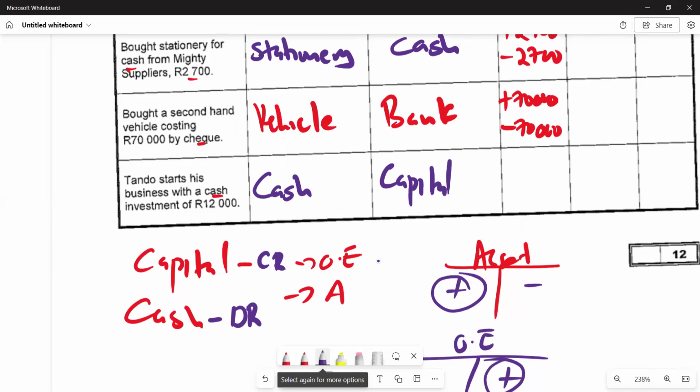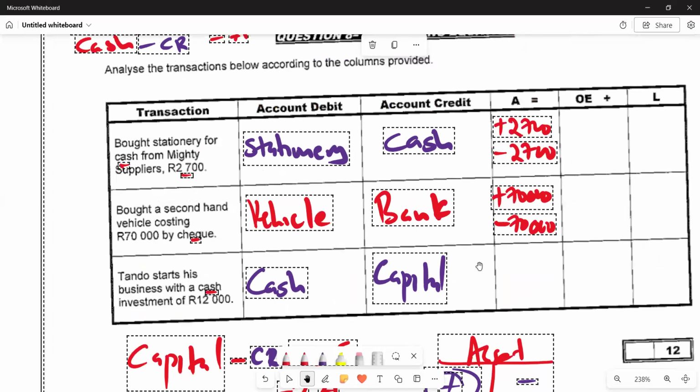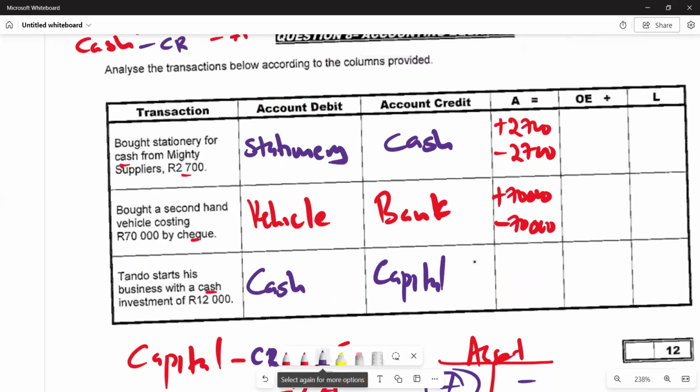And we are saying it's affecting our assets, so we can try to represent it. We are saying we're debiting, it's a plus, so we say plus 12,000. And then we also have a plus on owner's equity, which is part of capital, also 12,000.